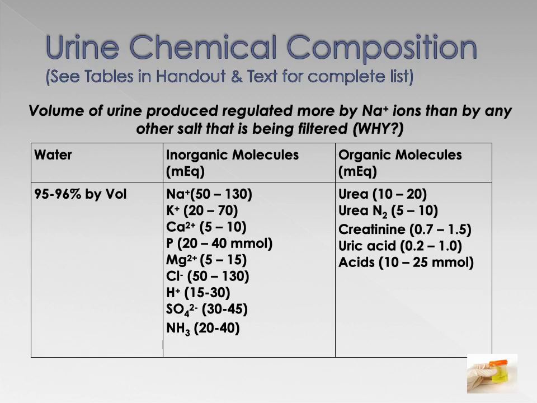The principal organic molecules that we're looking at here are the primary metabolic wastes, which include urea, nitrated urea, creatinine, do not confuse this with creatine, uric acid, and then we have metabolic acids that would otherwise be some sort of toxin to normal metabolic processes.